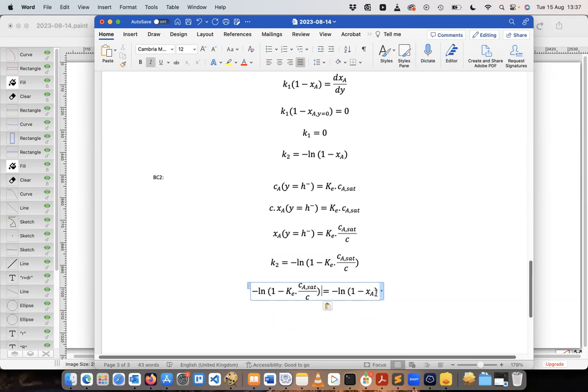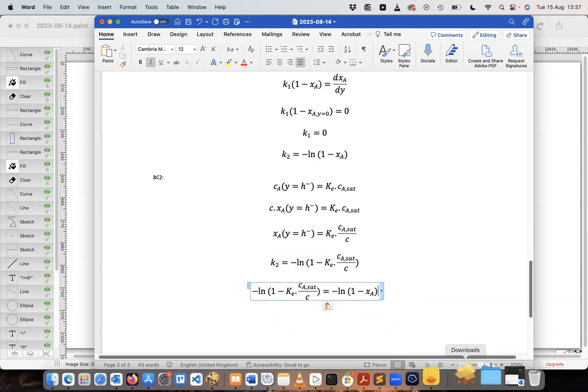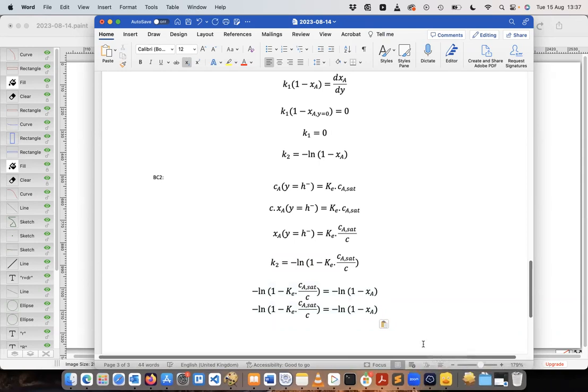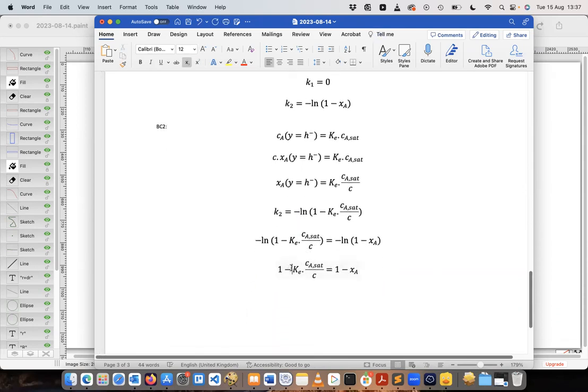So we can say all this is the same as, right? So if those two are the same, that means their arguments must be the same. So on both sides, we have 1 minus x. So we have 1 minus xa here, and we have 1 minus ke, Ca sat over C. And then you've got 1 minus in both cases. So if we subtract the 1 from both sides, this is what we have.